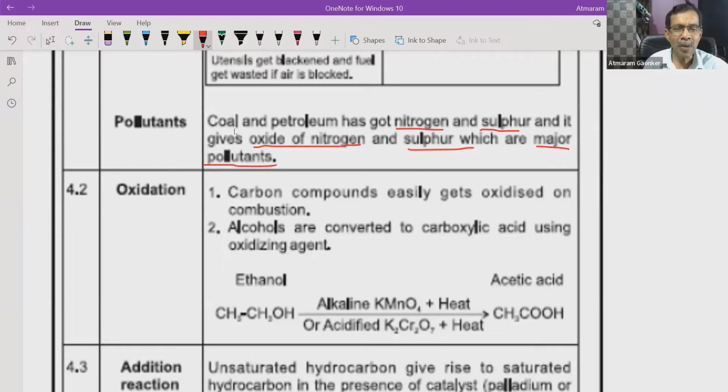So because of the burning of coal and petroleum, we get major pollutants which are oxides of nitrogen and sulfur. This was regarding the pollutants.